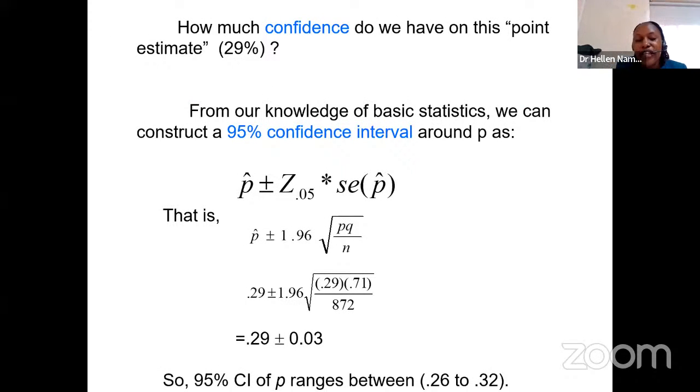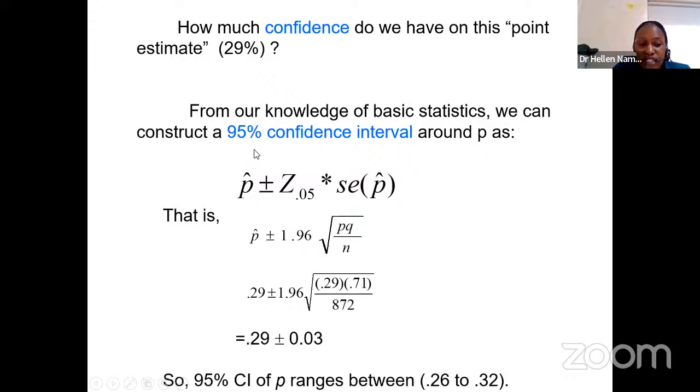However, we saw that 29% agreed with the health concern, but we need to understand the level of confidence. Most of the time we use the 95% confidence interval, or confidence limit, whereby we want to check whether 29% is really our true estimate, or true parameter value. And to what margin of error can we conclude at a certain confidence level? I don't know whether we are all familiar with confidence intervals.